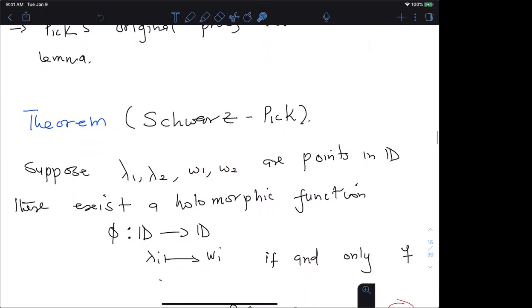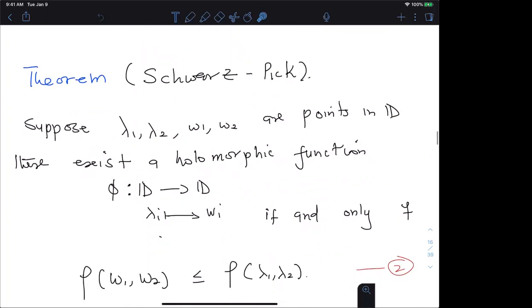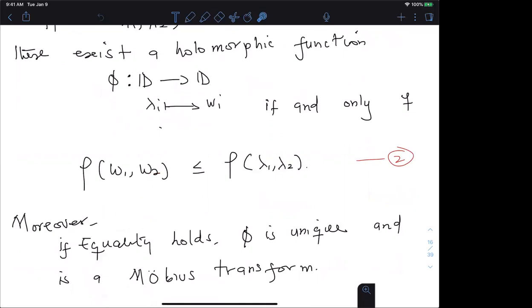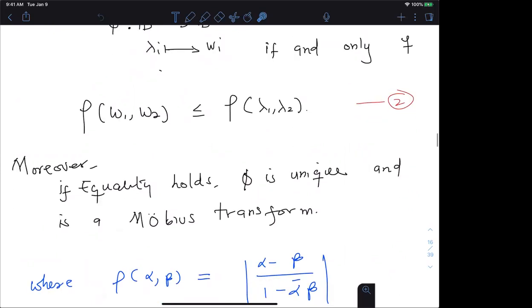There exists a holomorphic function phi that maps the disk to the disk and sends lambda_i to omega_i if and only if the pseudo-hyperbolic distance between the image points is less than or equal to the distance between the inputs, lambda_1 and lambda_2. And moreover, if equality holds, then the interpolating function is unique and is actually a Möbius transform.